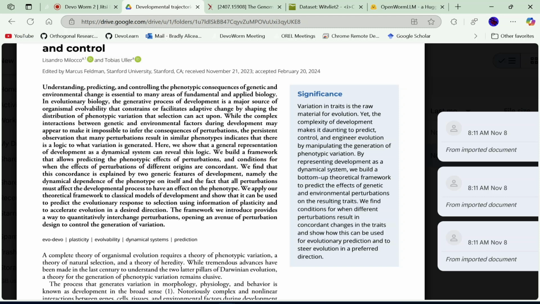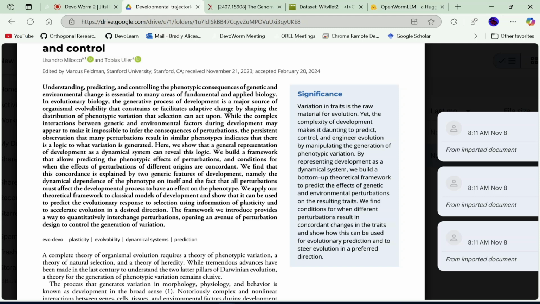And of course, when we do artificial selection, like domestication, we likewise get that sort of effect. While the complex interactions between genetic and environmental factors during development may appear to make it impossible to infer the consequences of perturbations, the persistent observation is that many perturbations result in similar phenotypes. And this indicates that there is a logic to what variation is generated.